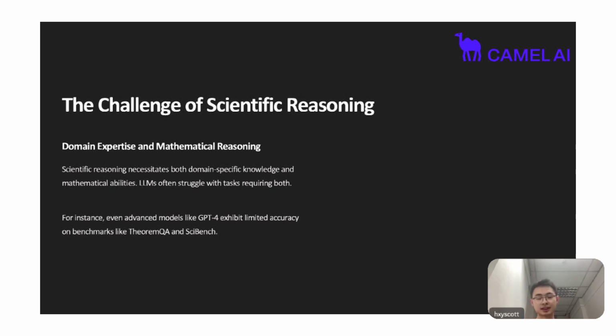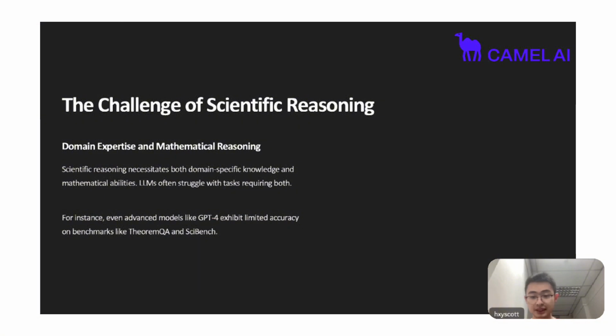For instance, advanced models such as GPT-4 and even more advanced models published recently have limited accuracies on these science benchmarks. It shows that it's really hard to take the top two, domain expertise and mathematical reasoning, and mingle them together in an LLM.